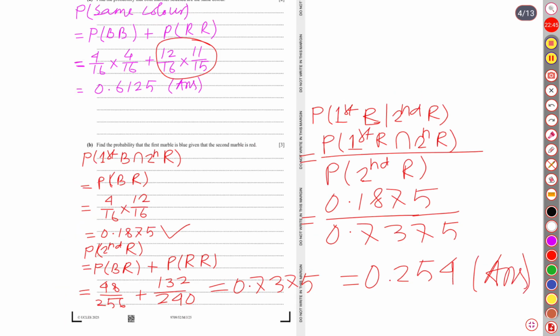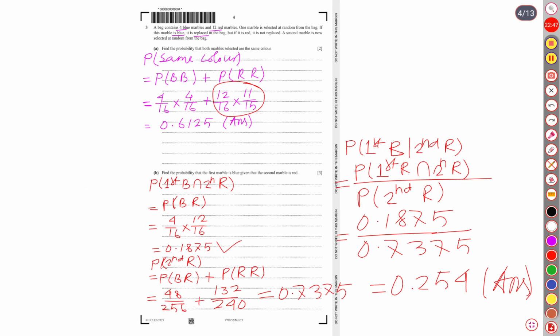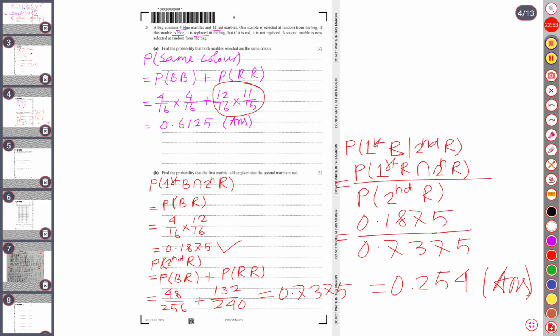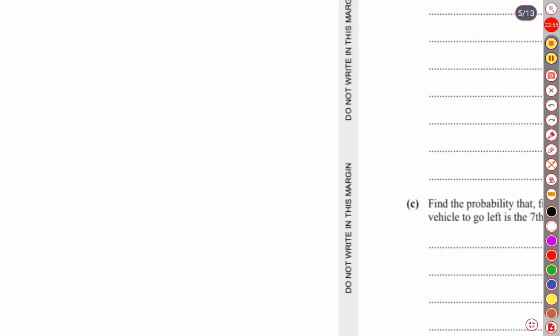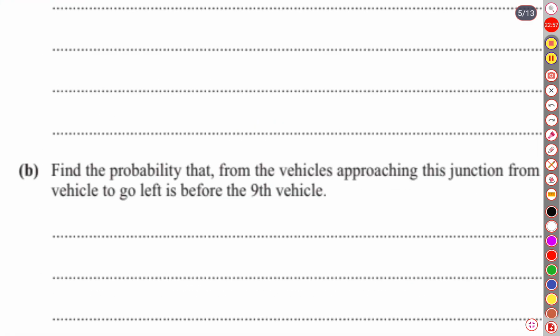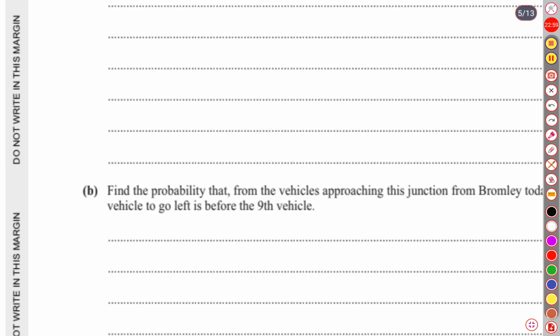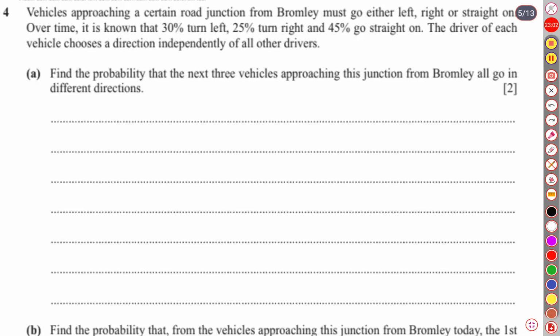And I can show you the whole of the solution at a glance. So let's see what the immediate next question says. The next question is over here. It says vehicles approaching a certain road junction from Bromley must go either left, right, or straight on.